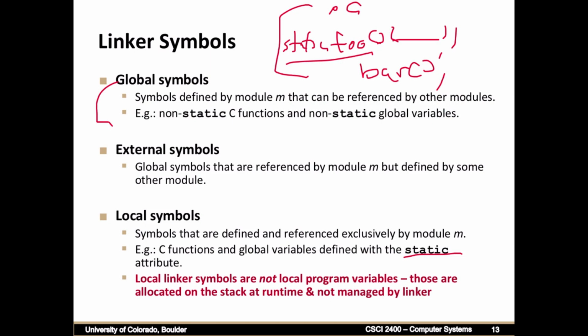This is different than local variables within a function. Local variables in a function are not managed by the linker. Those are handled at runtime and allocated on the stack, except for one special case that we'll describe a little bit later on, something called static local variables that you shouldn't use.